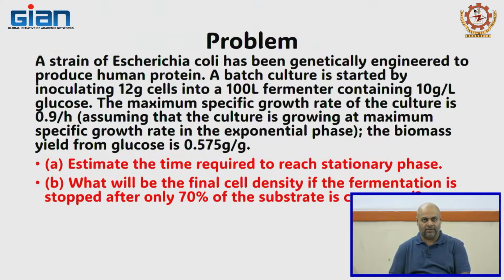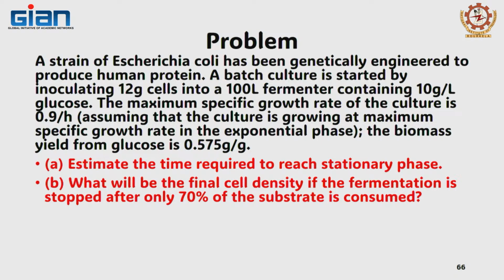A batch culture is started by inoculating 12 grams of cells into a 100 liter fermenter. So, your volume is 100 liters, 12 grams of cells is your inoculation, that is your X naught, and the fermenter contains 10 grams per liter glucose. The maximum specific growth rate of the culture is 0.9 per hour.